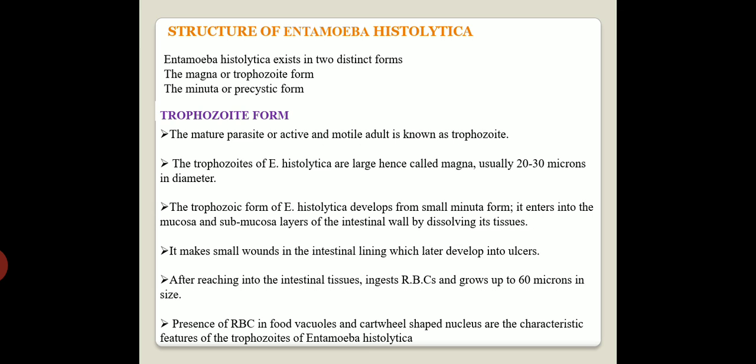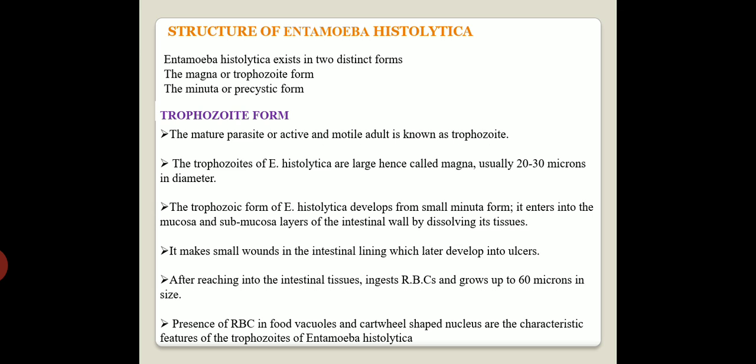The trophozoites of Entamoeba histolytica are large, hence the name magna, usually about 20 to 30 microns in diameter. The trophozoite form develops from the small minuta form.